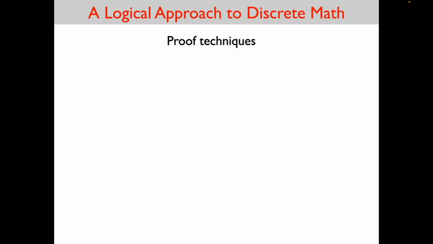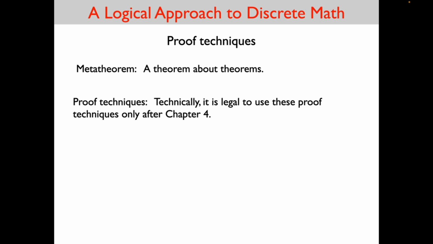Now the next thing we are going to learn is a proof technique, and we are going to use a metatheorem. A metatheorem is a theorem about theorems. Now here's another thing about these proof techniques that we are learning in Chapter 4. Technically, it is legal to use these proof techniques only after Chapter 4. In other words, we are introducing these proof techniques in Chapter 4, right?